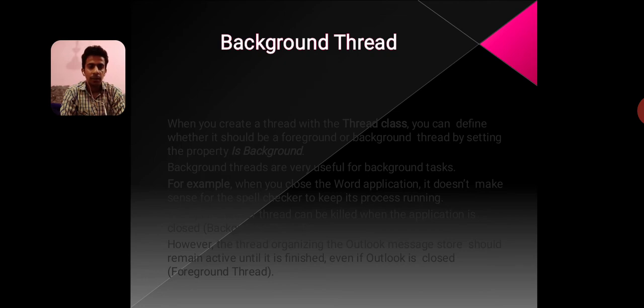For example, when you close the Word application, it doesn't make sense for the spell checker to keep its processing running. The thread can be killed when the application is closed.